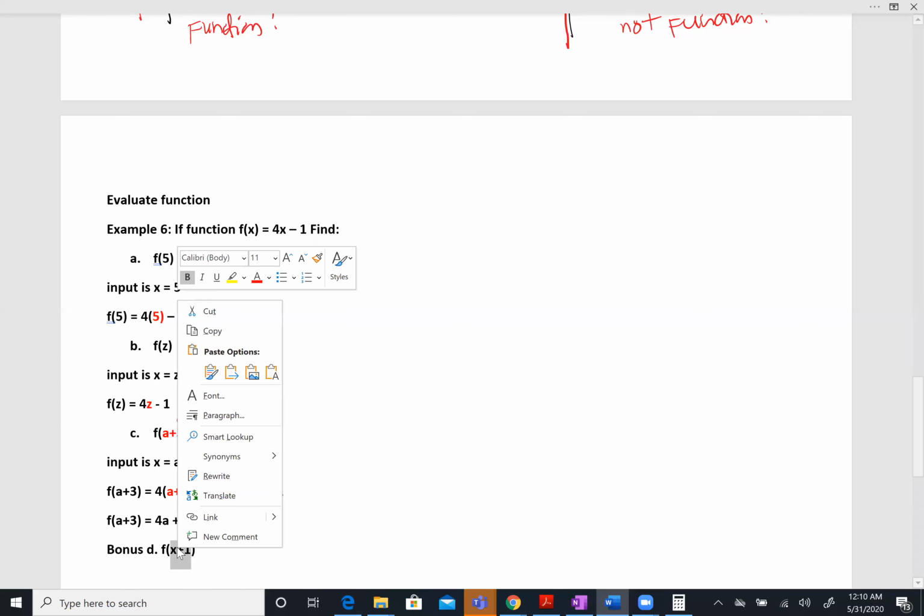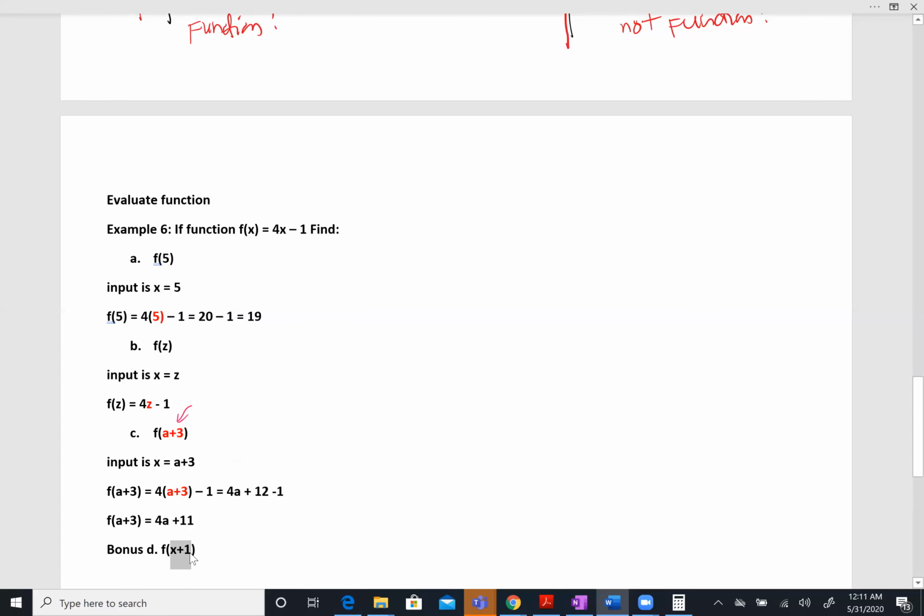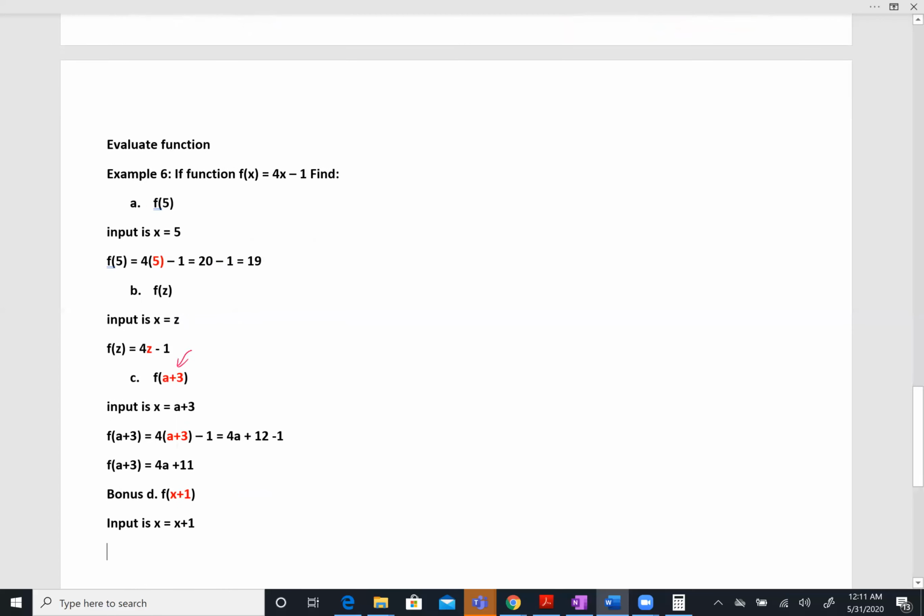So I'm going to write out the input x equal to x plus 1, and I'm going to write f of x plus 1 equal to 4x minus 1.